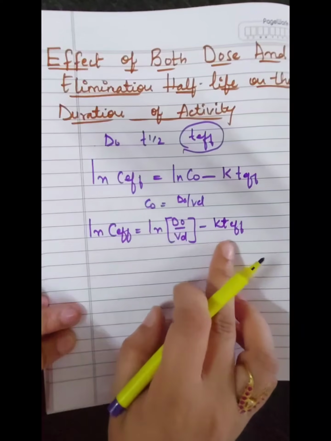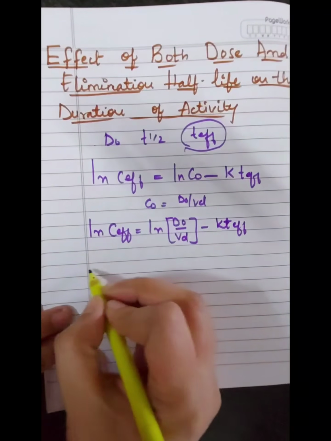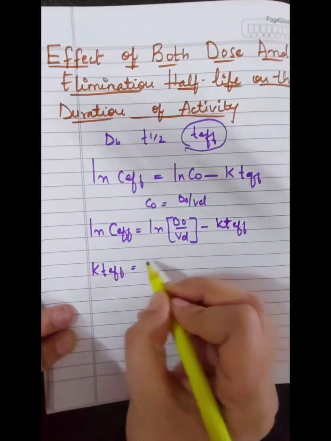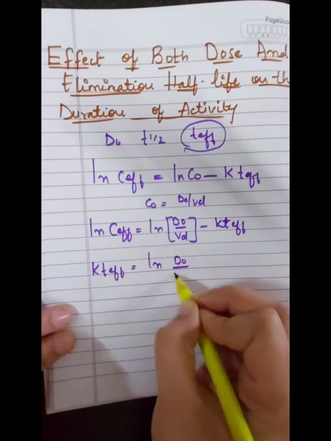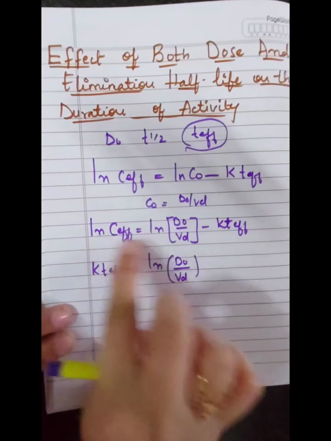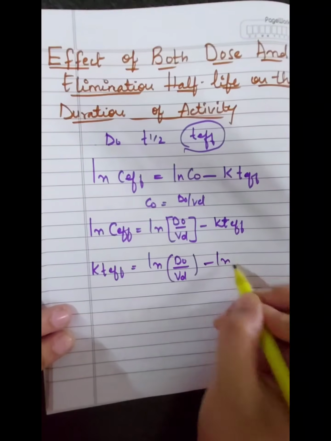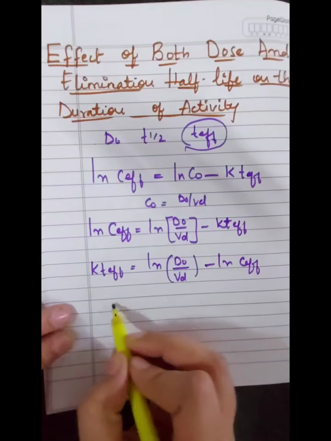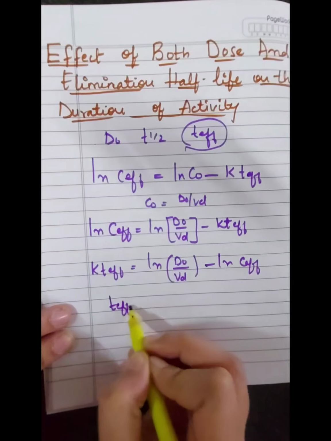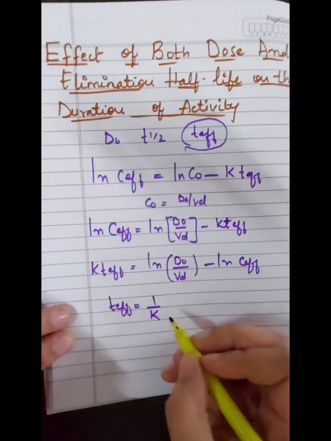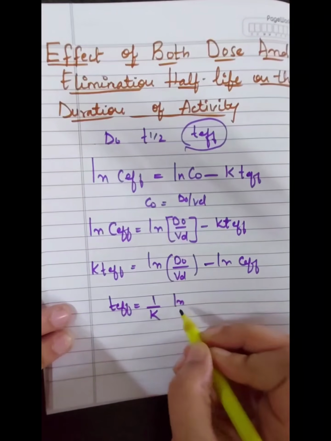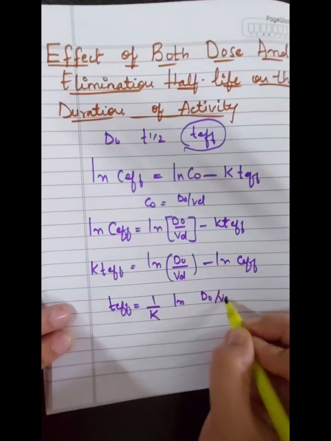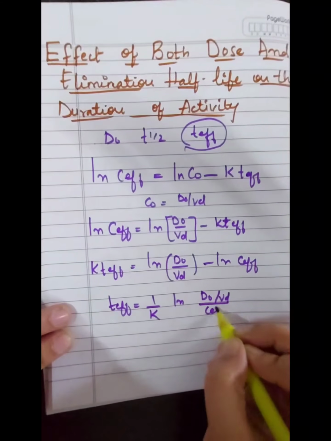Now we'll bring K T effective to the left hand side: K T effective equals natural log of D naught divided by VD, minus natural log of C effective. Now we want only T effective. T effective equals 1 divided by K into natural log of D naught by VD divided by C effective.